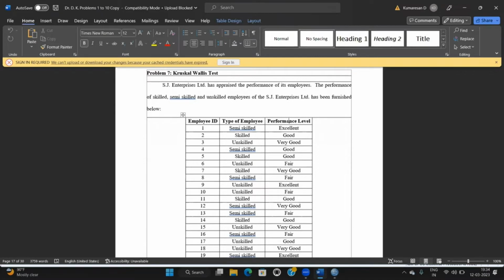If the data is available in the form of ordinal data, you have to apply Kruskal-Wallis test. So Kruskal-Wallis test is regarded as non-parametric equivalent to one-way ANOVA.